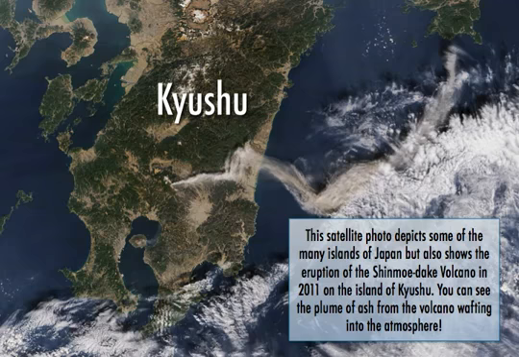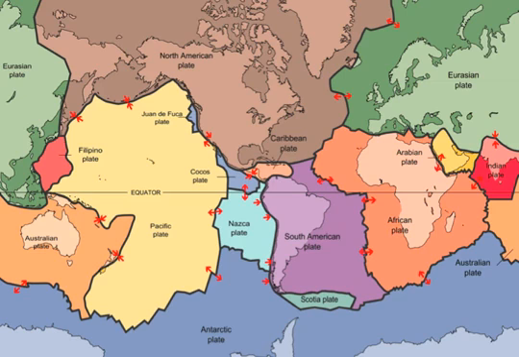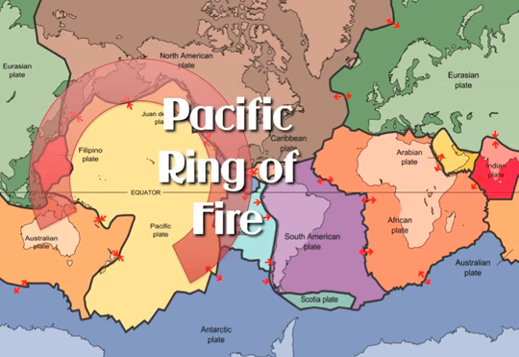But there's another way that the Japanese people have to contend with the physical features of Japan. Let's go back to that satellite image we looked at earlier. On the satellite image, you can actually see a plume of ash rising from an active volcano. 10% of the world's active volcanoes are located in Japan. That's because Japan is on what's known as the Pacific Ring of Fire, which is a fault line located around the tectonic plate that forms much of the Pacific Ocean.